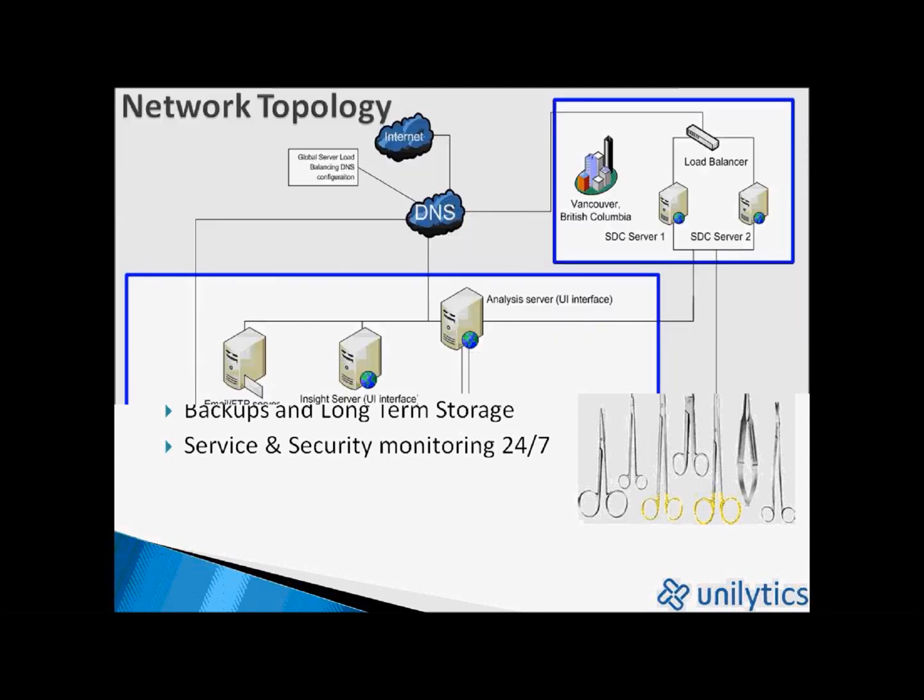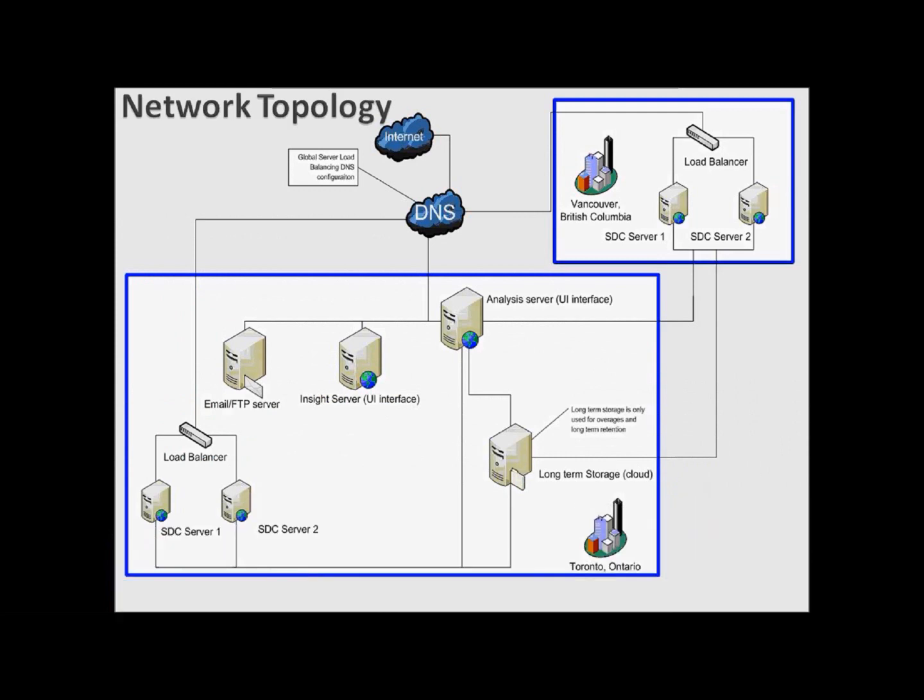Let's look at the network topology next. For those who are technical, this might be an interesting slide, but if you're not very technical from a network perspective, just focus on the two blue outlines. There's a smaller blue outline which consists of one collection network, and there's a larger blue outline which consists of both the collection network and your analysis network.